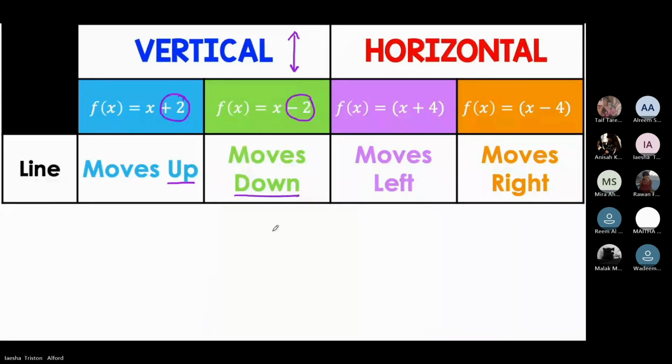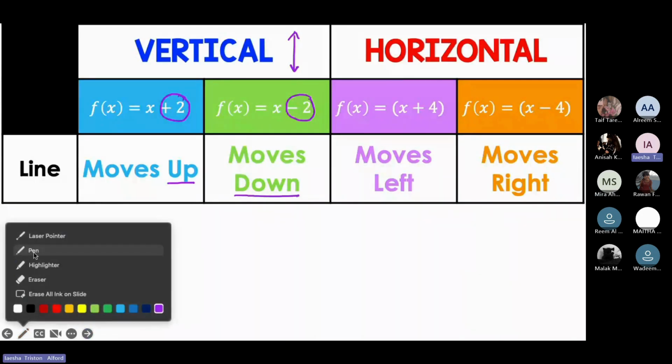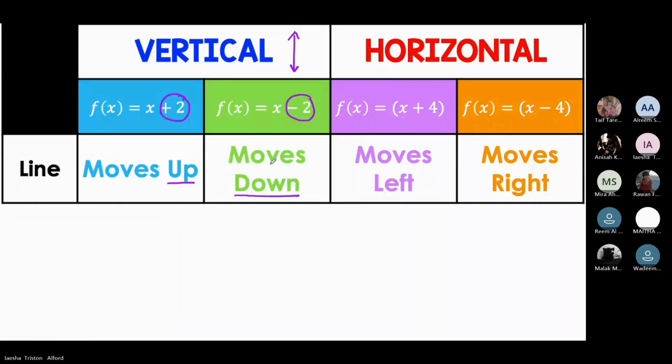Okay. This one, you have to be careful about h. h is tricky. It wants to trick you. What do you see with your eyes? You see what's constant. What number is with x? Positive 4. You see a positive 4, but really it is a negative 4.